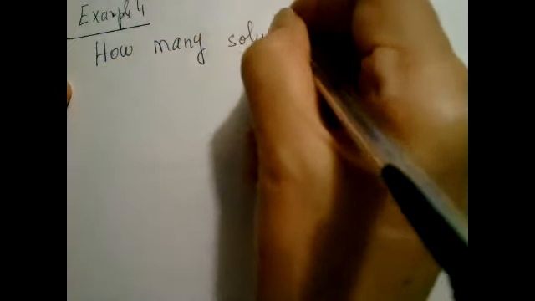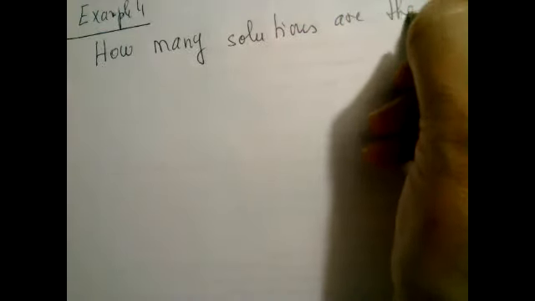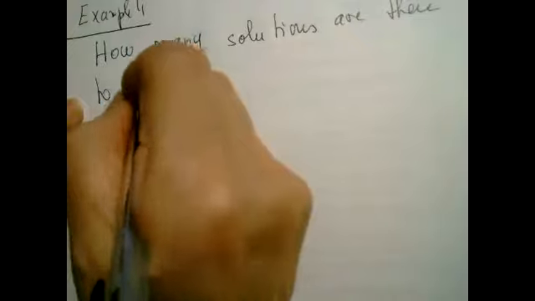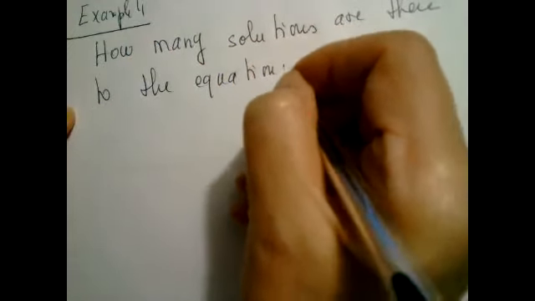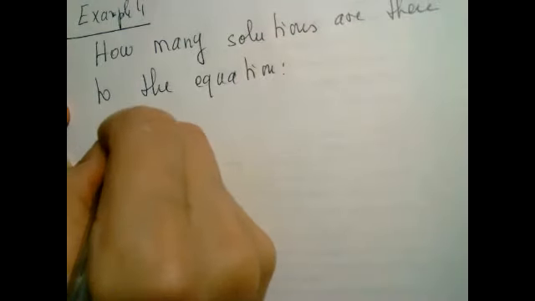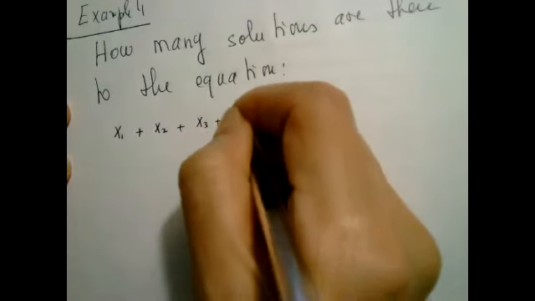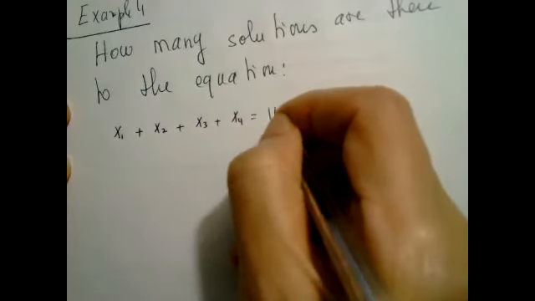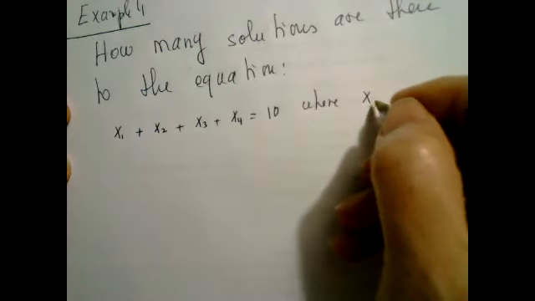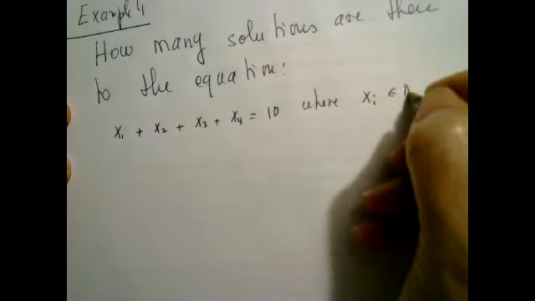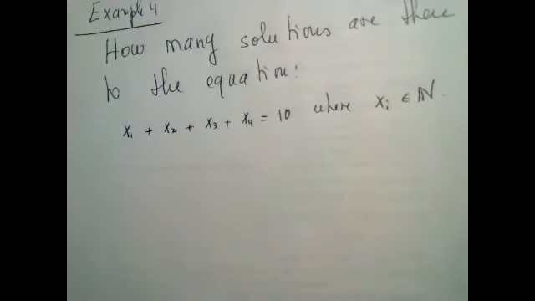How many solutions are there to the equation X1 plus X2 plus X3 plus X4 equal to 10, where the solutions I'm interested in are not just any solutions, where every X is an integer.